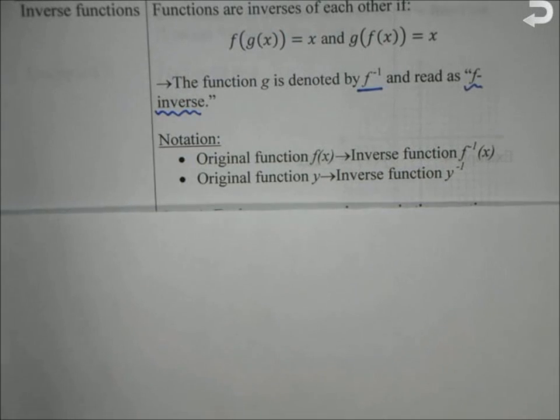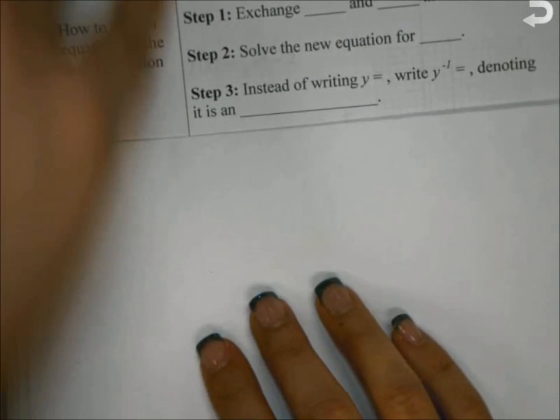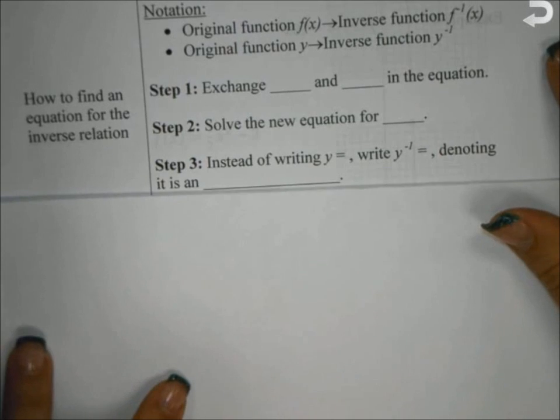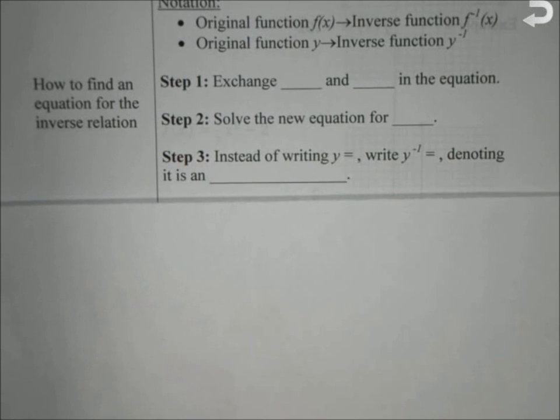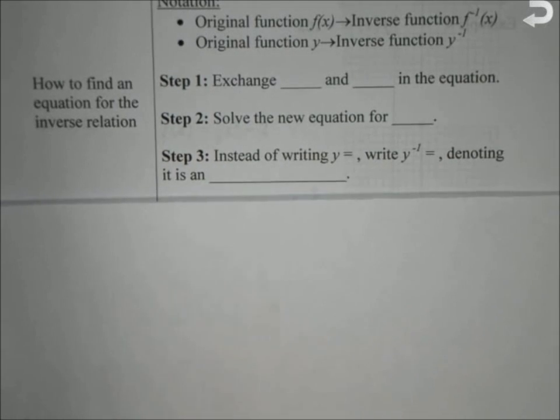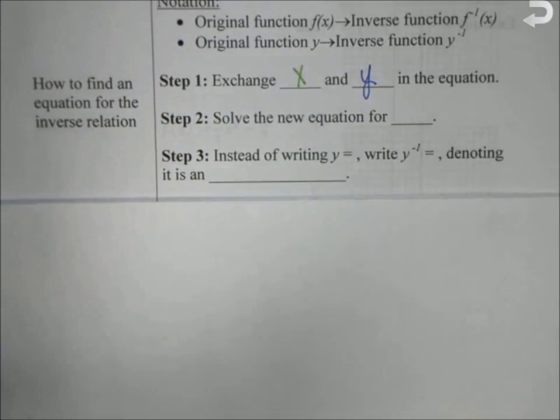So we have a couple steps in finding the inverse. How do we find the inverse? If I give you a function and ask you to find the inverse, our first step is to exchange x and y in the equation. So our y becomes x and our x becomes y. All we do is switch them.